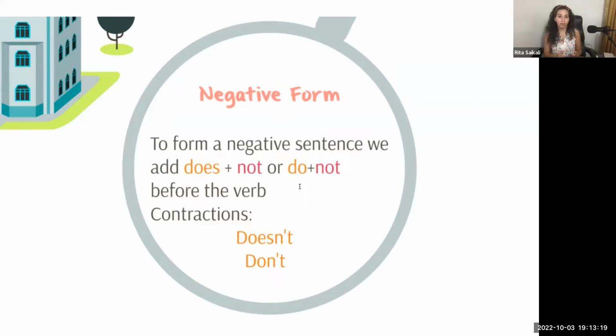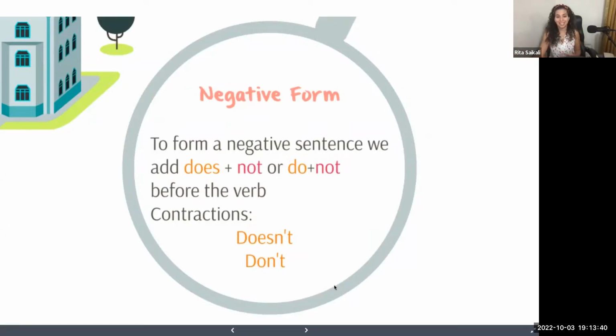So does not or do not, we add them to the sentence regardless of the verb that is there. And instead of saying does not or do not, you can use the contraction form, which is doesn't or don't. So does not is the same as doesn't. Do not is the same as don't.